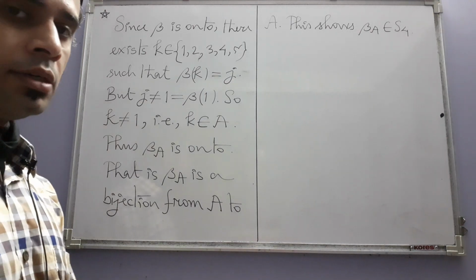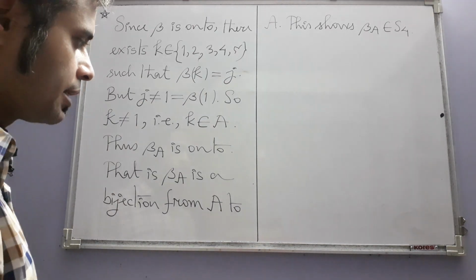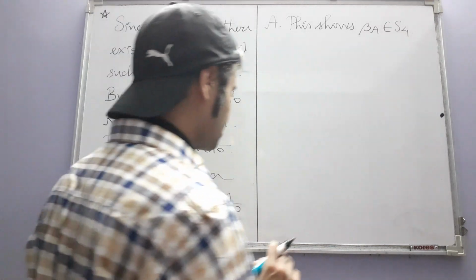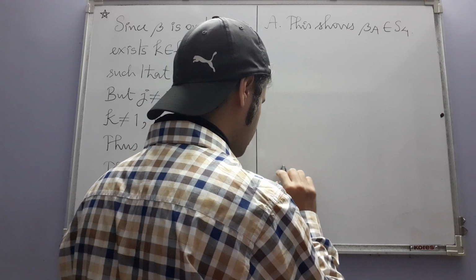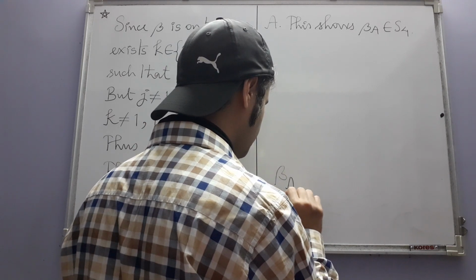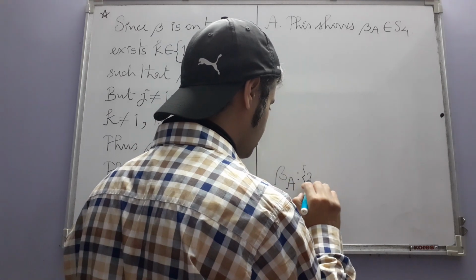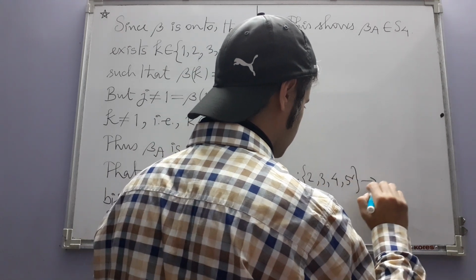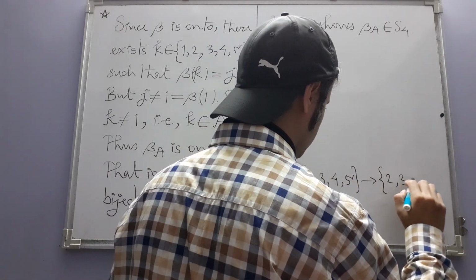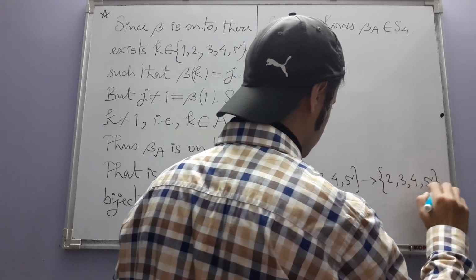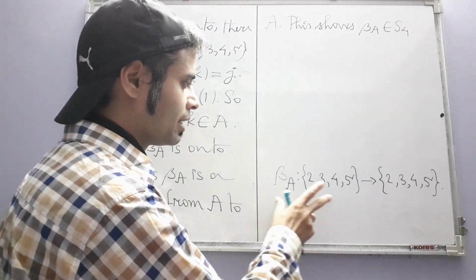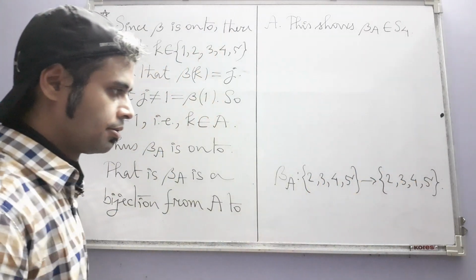But you may not agree with me. You would say that there is a problem. That's because, what is our beta A? Let's just forget about A for a moment and write what A is. We have just now proved that beta A is a bijection from this set to this set.